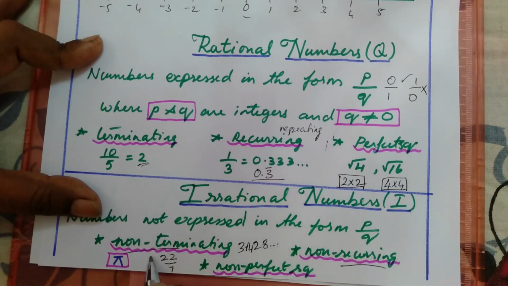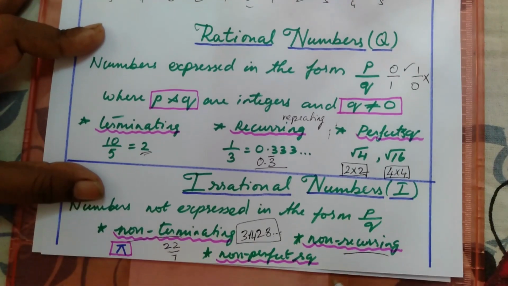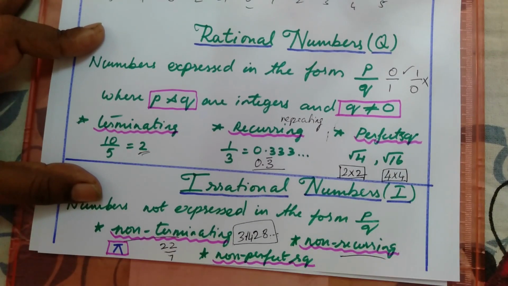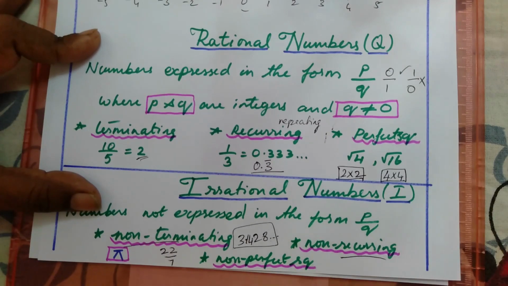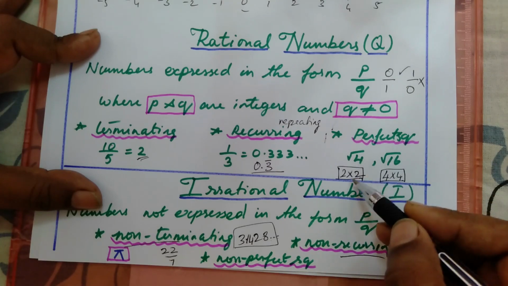Then this pi is the best example for this. Pi, 22 by 7, is non-terminating as well as non-recurring. Then one more category which is included in irrational numbers is non-perfect squares. Here I said perfect squares are got by squaring whole numbers.